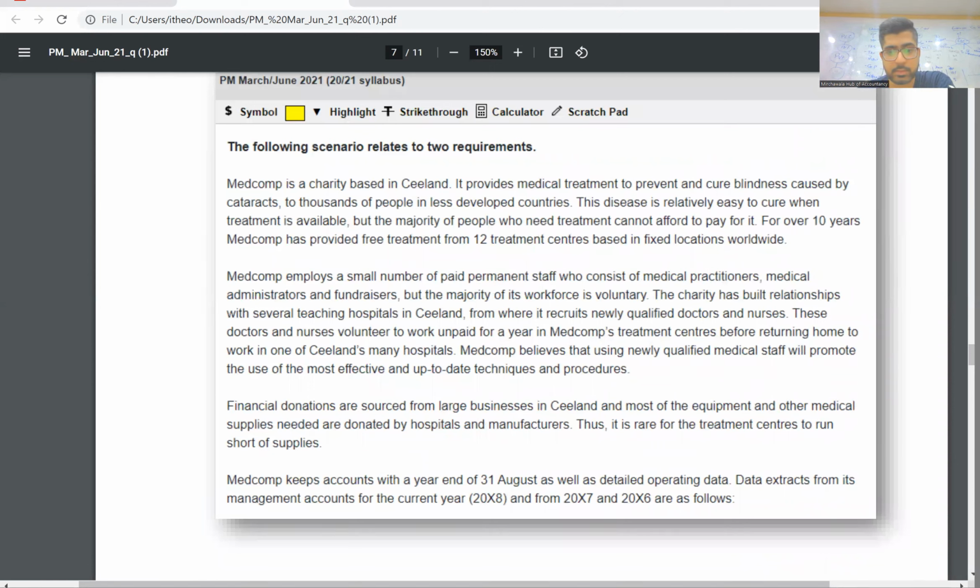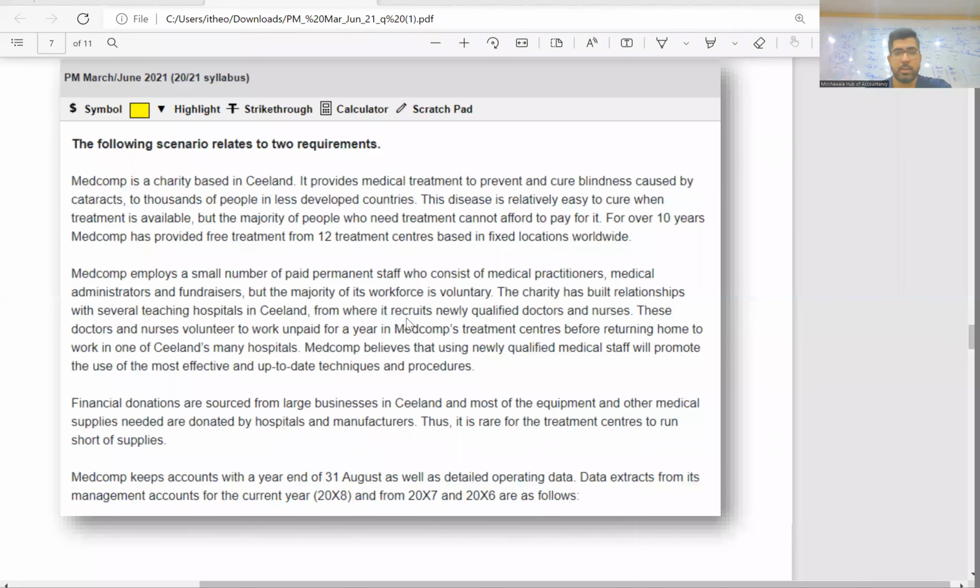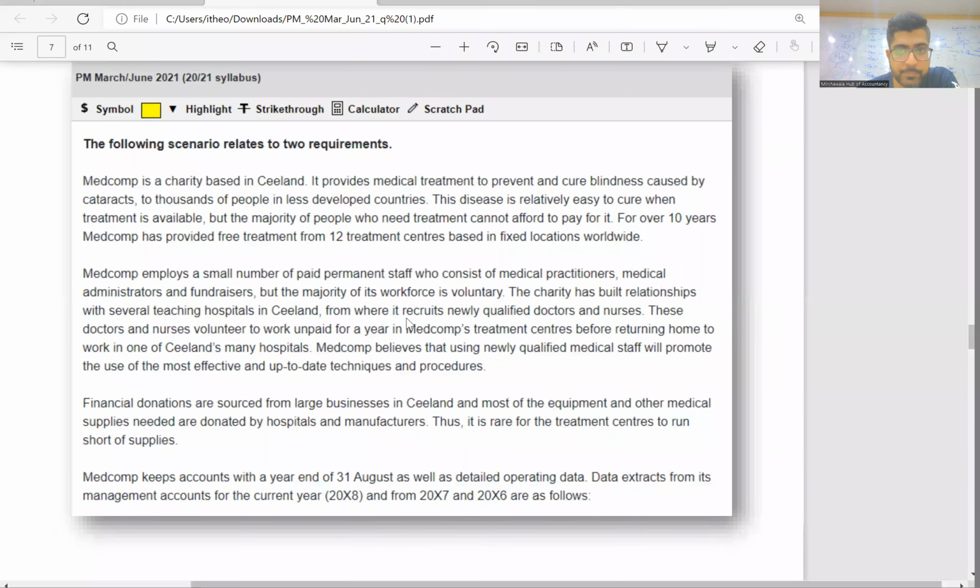The question states Medcomp Company is a charity.